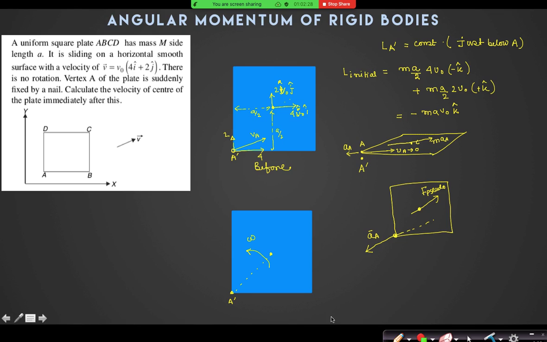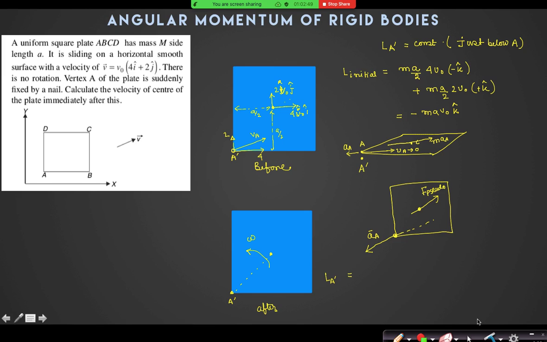This entire body is now rotating only about point A. Yes or no? So after collision, if I write the angular momentum about A prime, what should I write? m l square by 6 plus m a square by 2, into omega.